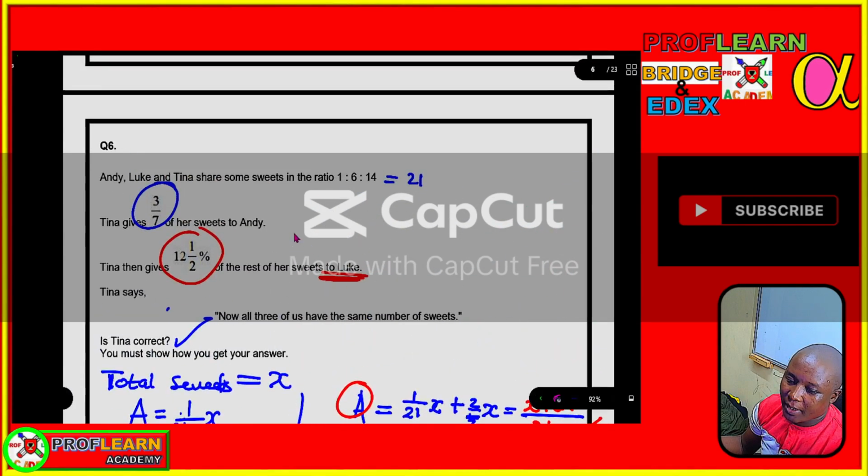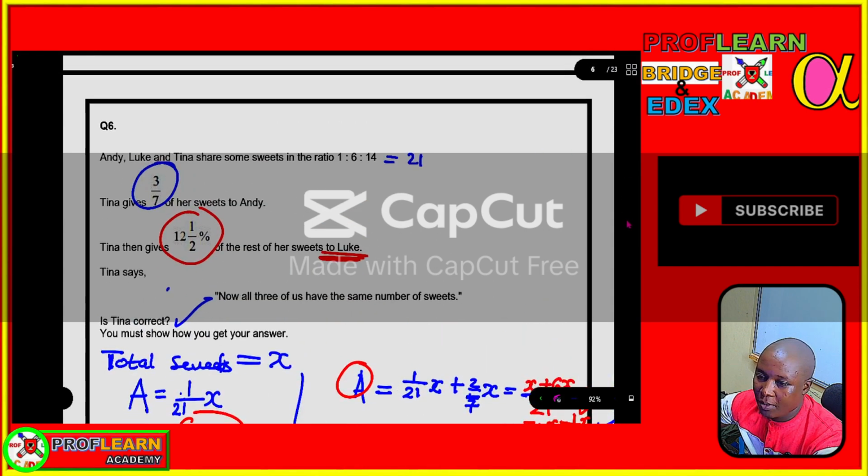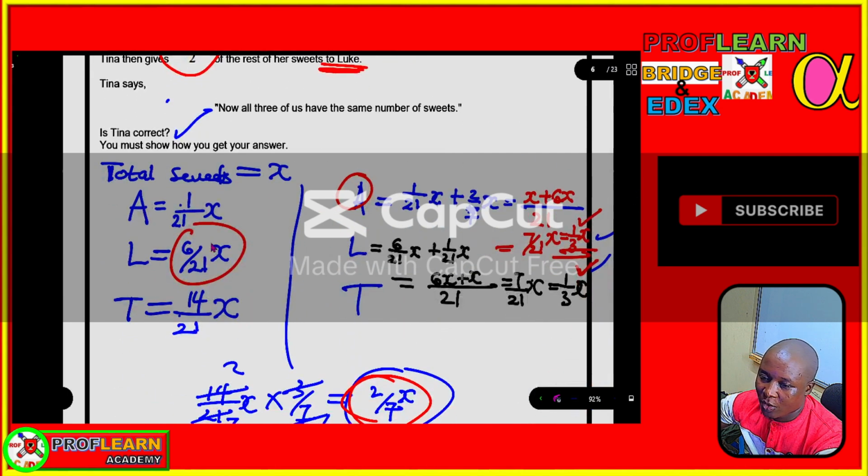We started by saying let the total amount shared be X. Then Andy is going to get 1/21 of that amount, Luke will get 6/21 of that amount, and Tina will get 14/21 of that amount. So their shares are as shown here.